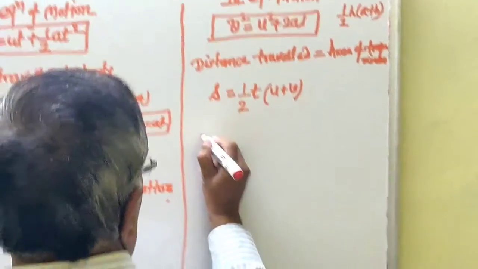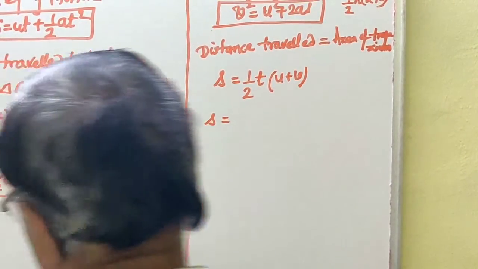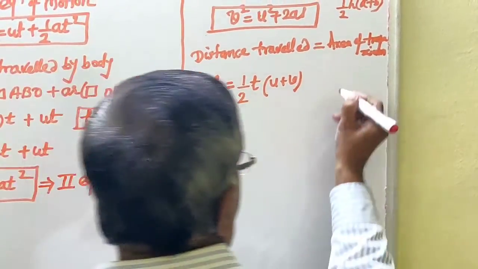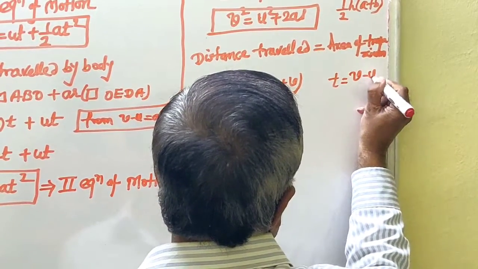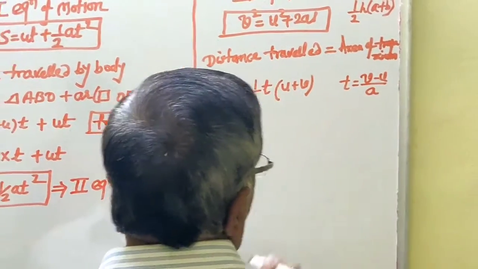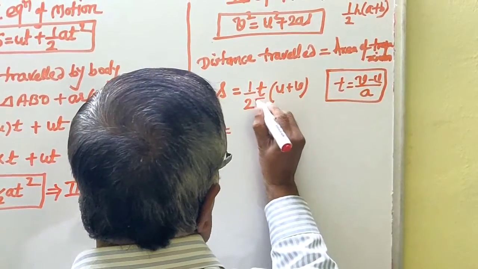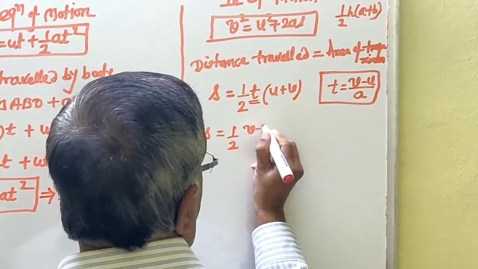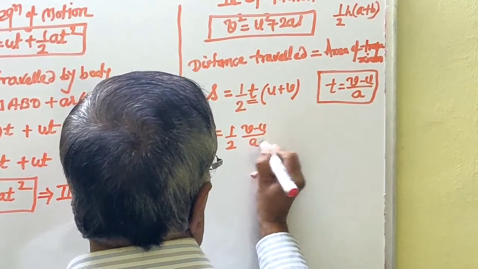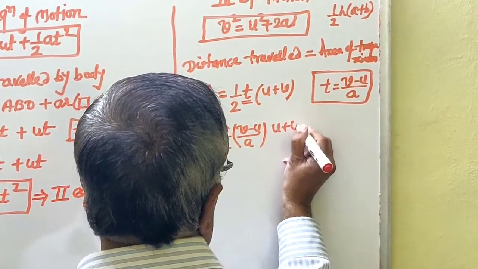Now I can substitute the value of t as v minus u upon a. So half, v minus u upon a, into u plus v.